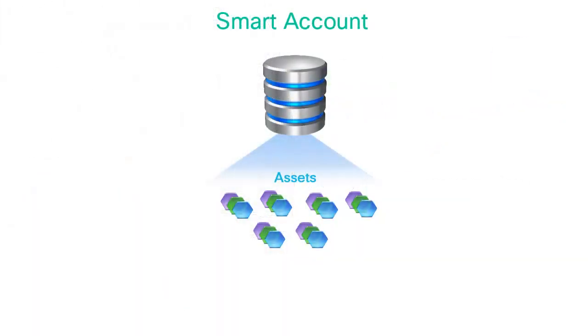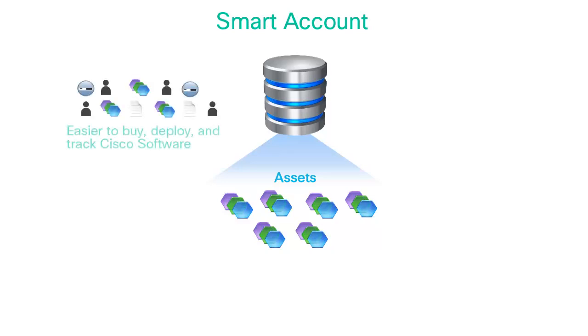To better enable you to track and manage your software ownership, Cisco has introduced Smart Accounts. Together with Smart Licensing, Smart Accounts make it easier to buy, deploy, and track Cisco software by removing entitlement barriers and providing clear details on your customer's Cisco software assets.